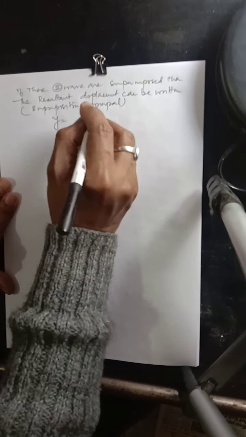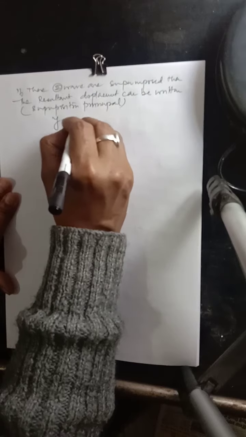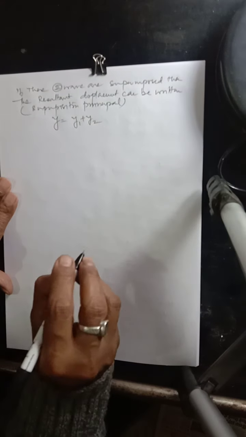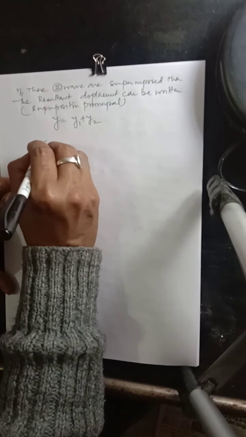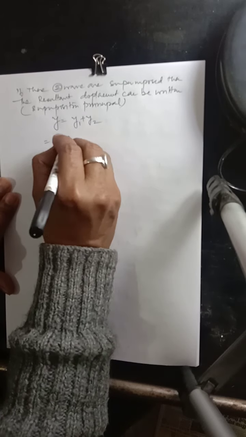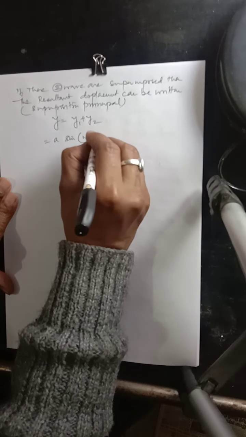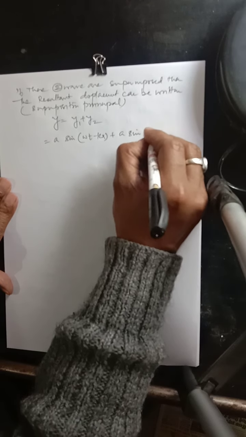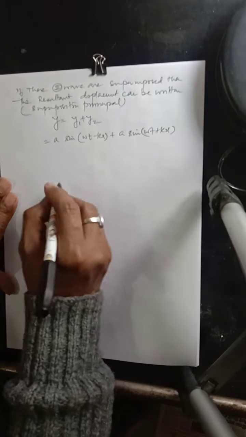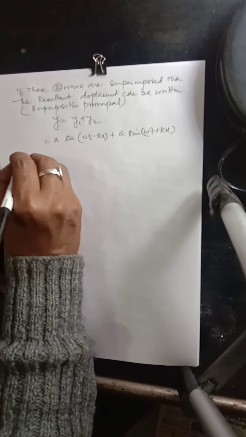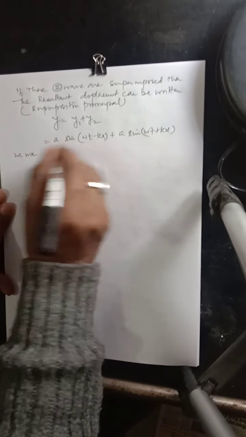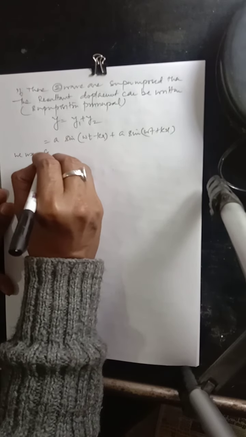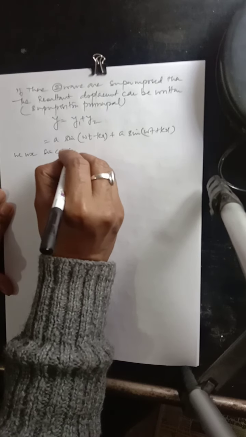If y is the total displacement, that is the superposition principle y1 plus y2, we'll put the value: that is a sine of (omega t minus kx) plus a sine of (omega t plus kx). So here, to solve this equation, we use sine C plus sine D.